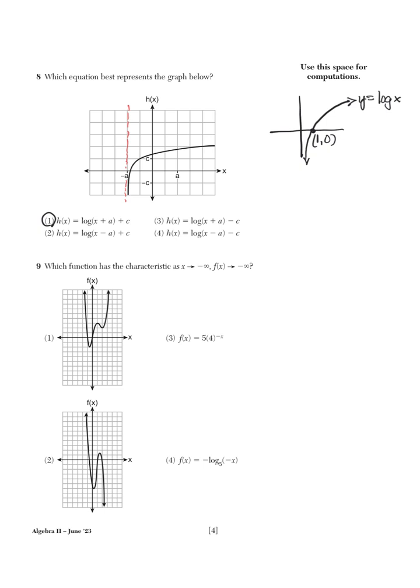What that means is, in terms of the equation, our asymptote, we'll be looking at what's inside the parentheses. We take that x plus a and we set it equal to 0.